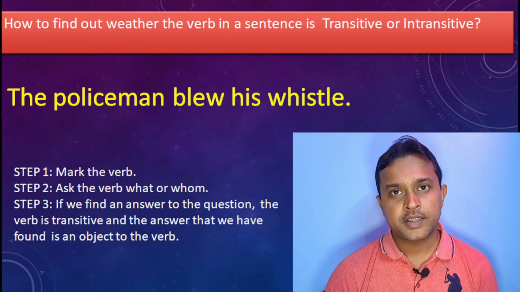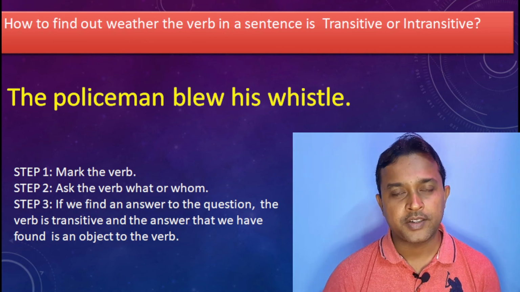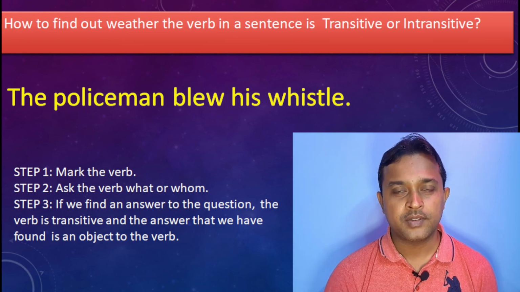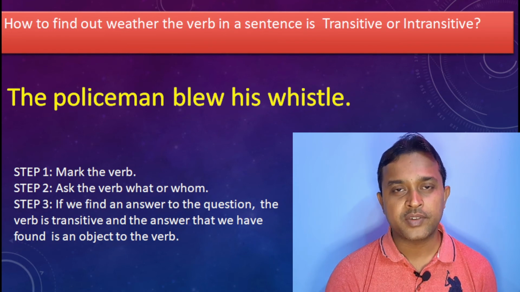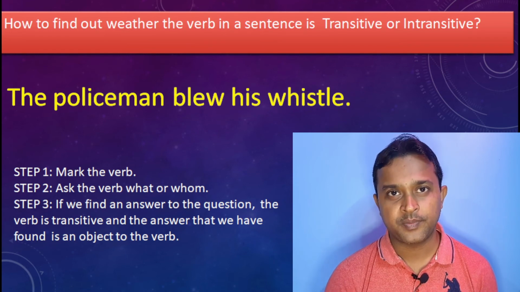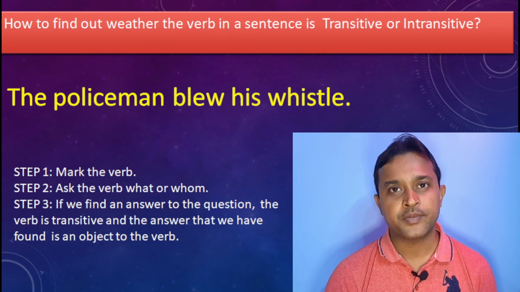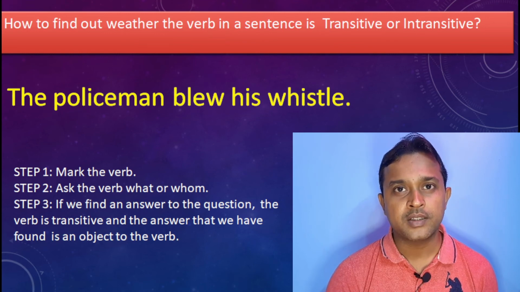Now let's take an example and try to find out whether the verb is a transitive or an intransitive one. Let's see if there is an object after the verb or not. To do so, the first thing that we have to do is to mark the verb.